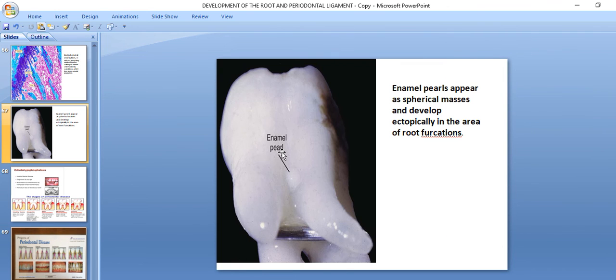These are small isolated spheres of enamel that are occasionally found at the root surface, and they are particularly common in the root bifurcation area, but may also occur at lower levels, usually in the interradicular region.